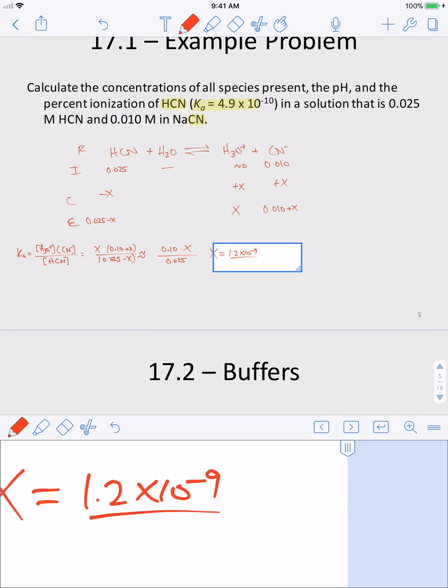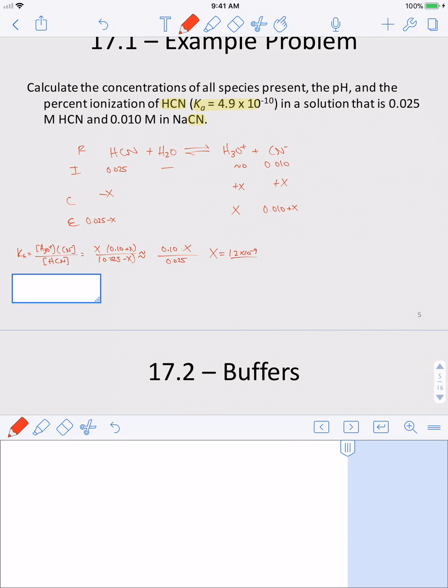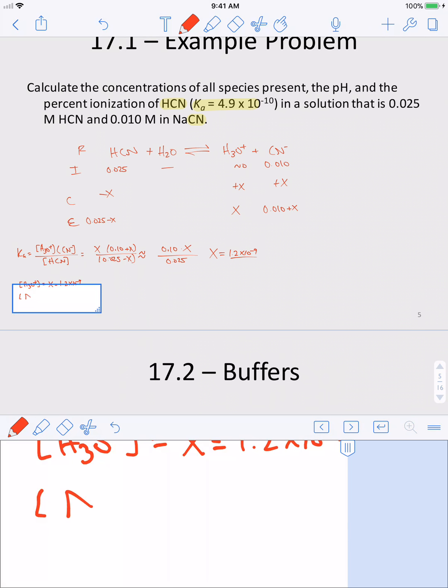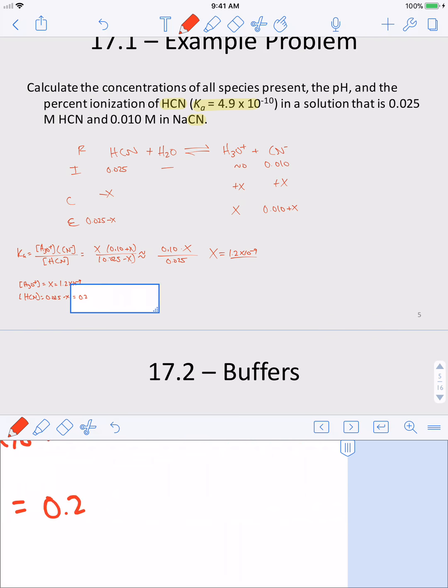X is also my concentration of H3O+. So if we find the concentrations of all the species present, H3O+ in my RICE table at equilibrium is just X, which is 1.2 times 10 to the minus 9. Okay, I'm going to have HCN, which was 0.025 minus X. So if we put X in here, we're going to take 0.025 and subtract out 1.2 times 10 to the minus 9, which is going to give me effectively, again, 0.025.